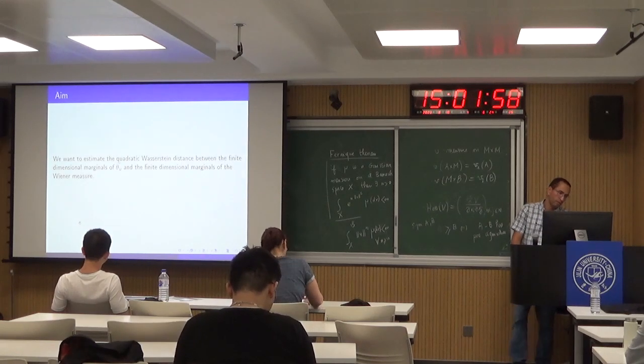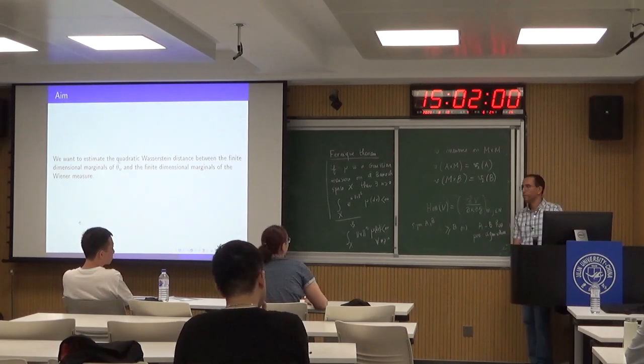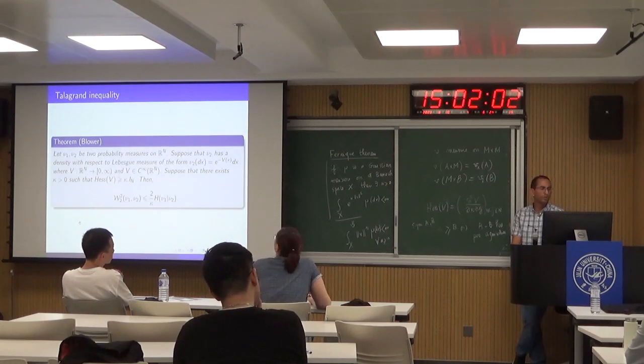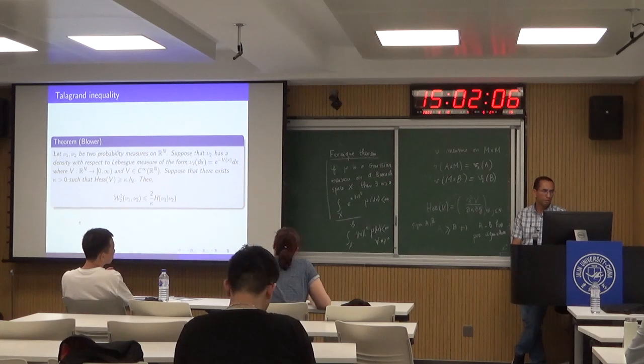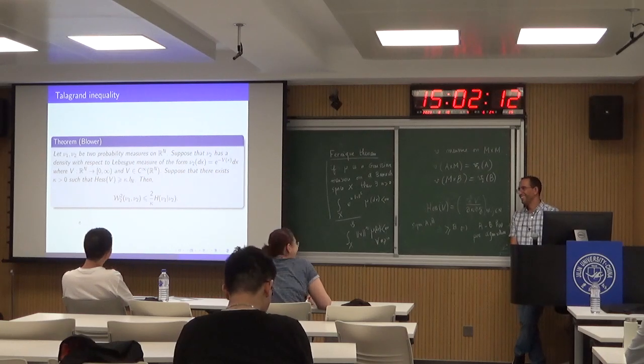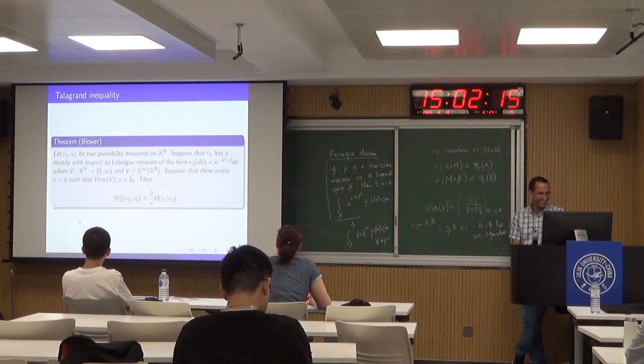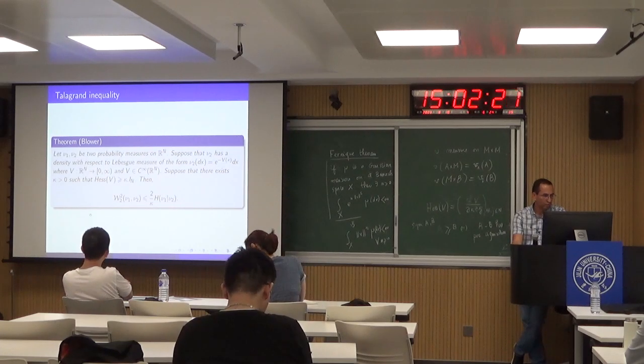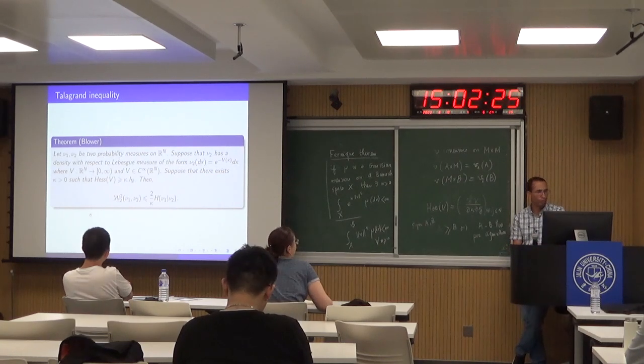The original result was stated by Blower, and it is called the Talagrand inequality, I don't know for what reason. Maybe Talagrand was the first to detect this inequality, but the proof was maybe done by Blower.